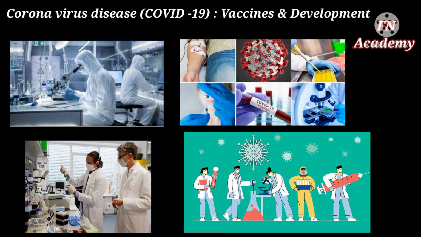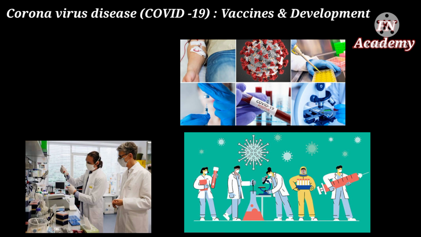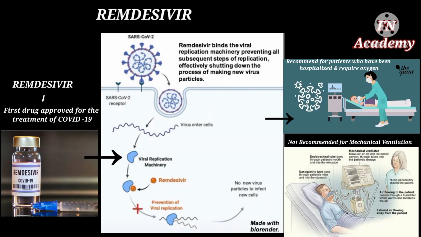Here's exactly where we are with vaccines and treatments for COVID-19. Scientists around the world have developed treatment and vaccine for the new coronavirus disease known as COVID-19. Several companies are working on antiviral drugs, some of which are already in use to treat people who have COVID-19, like say Remdesivir.